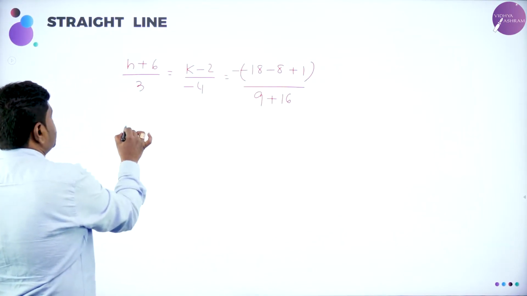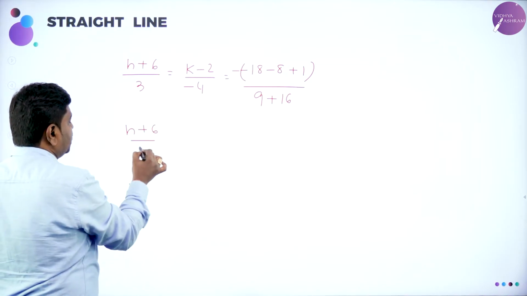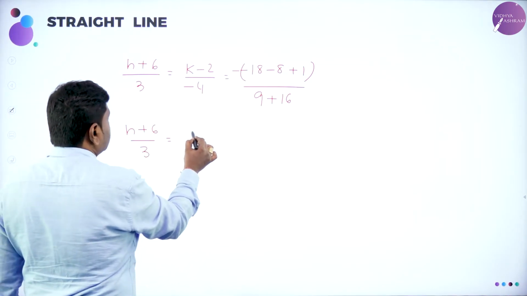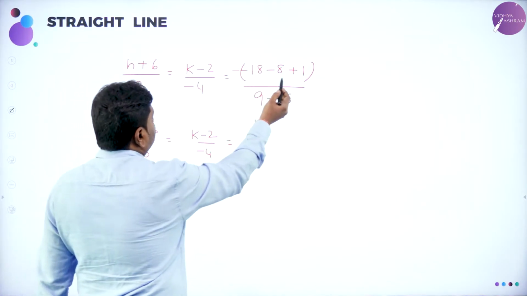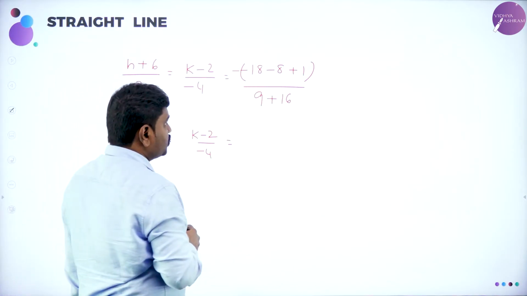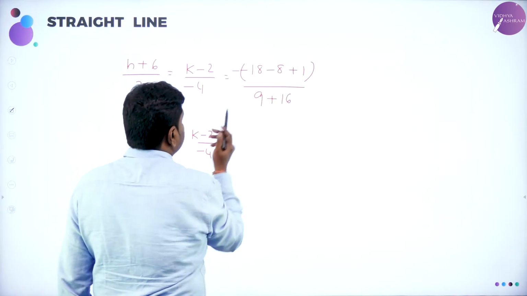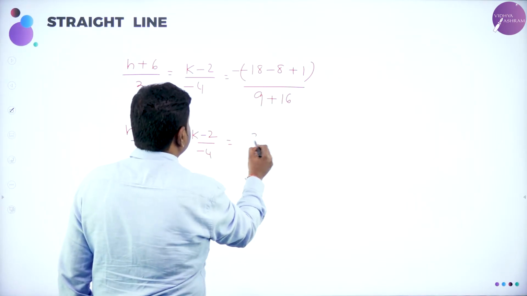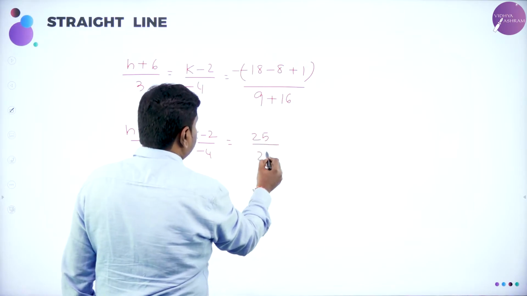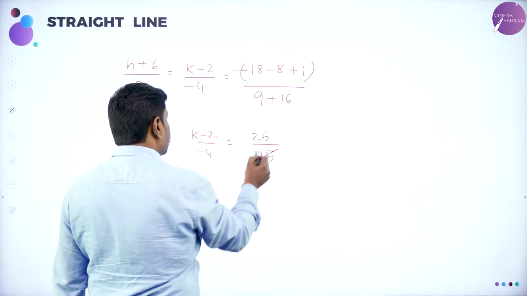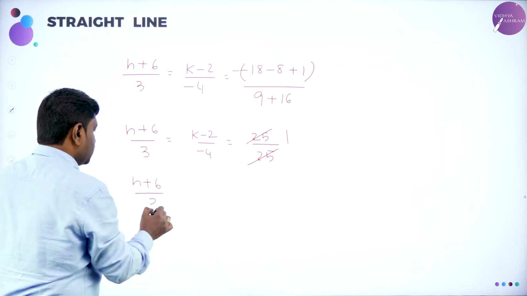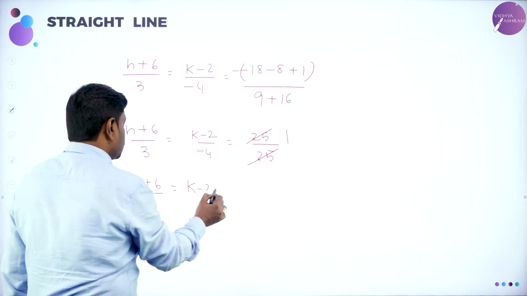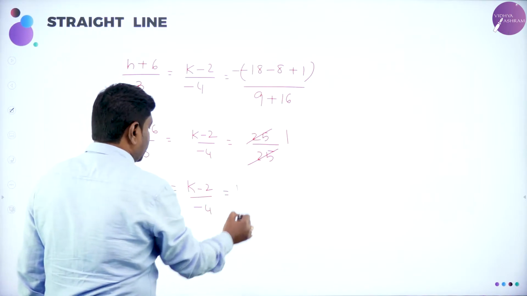So further h plus 6 divided by 3 is equal to k minus 2 divided by minus 4 is equal to, so minus 18 minus 8 is minus 26, minus 26 plus 1 is minus 25, minus of minus 25 is plus 25 divided by 25. 25 by 25 becomes 1. So now h plus 6 by 3 is equal to k minus 2 by minus 4 is equal to 1.